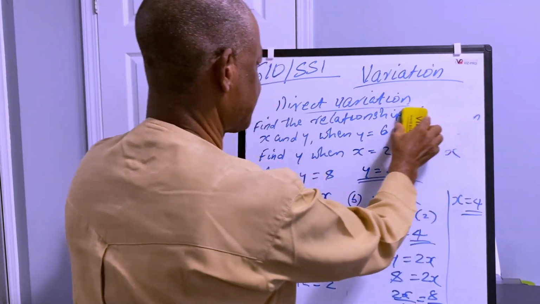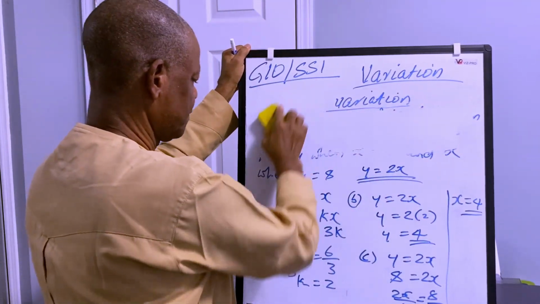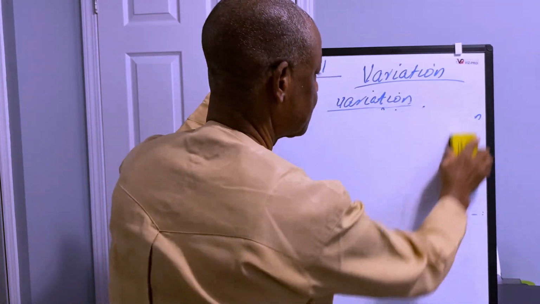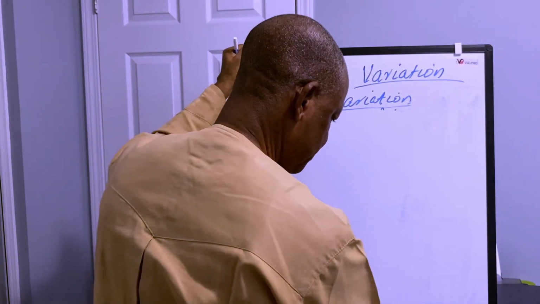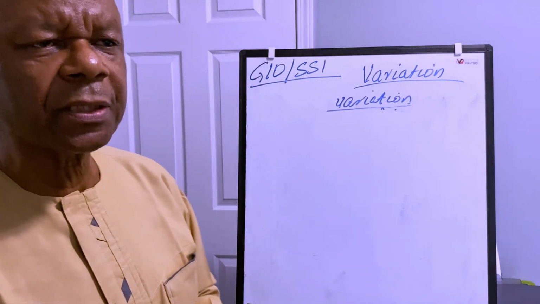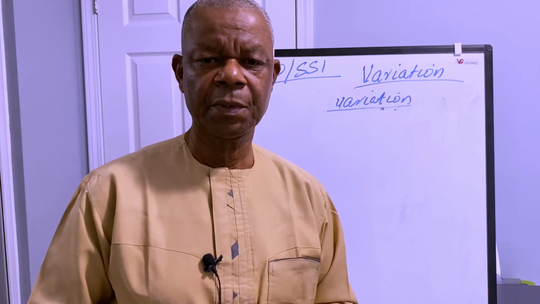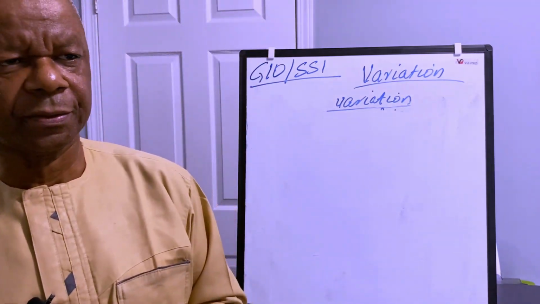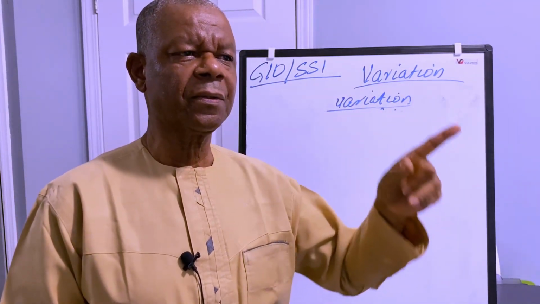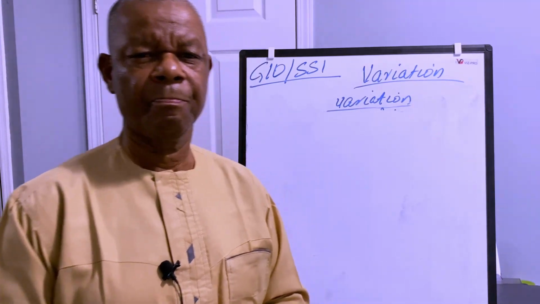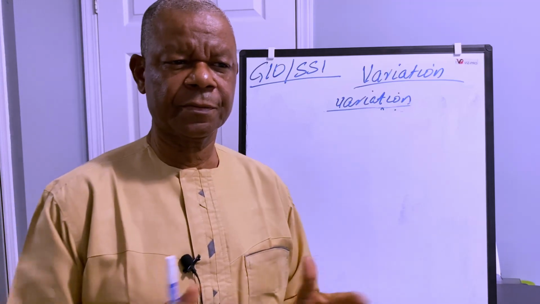Let's look at inverse variation. For inverse variation, the two variables will be moving in opposite direction, but in the same proportion. When one of the variables is increasing, the other one will be decreasing in the same proportion.